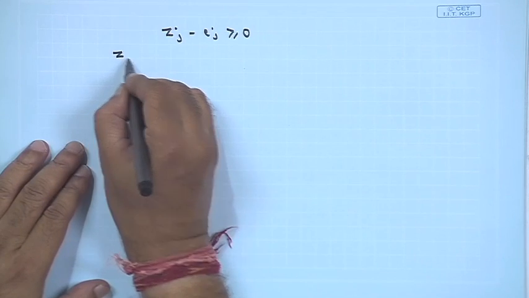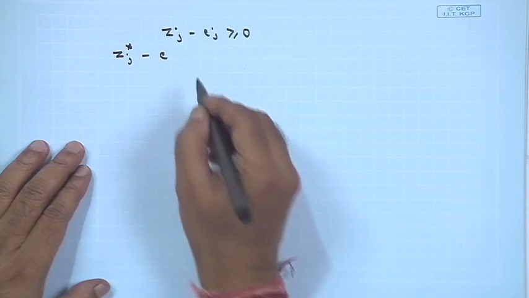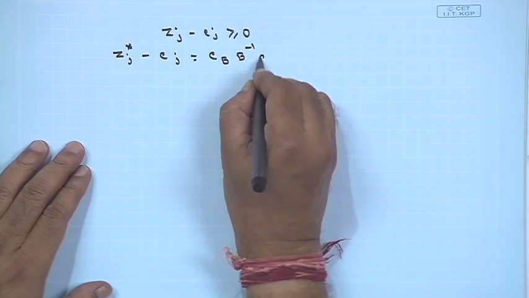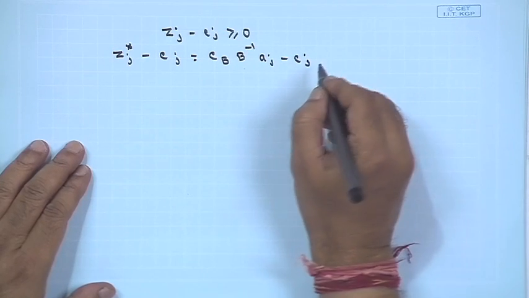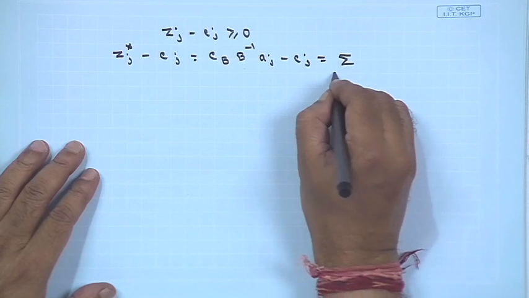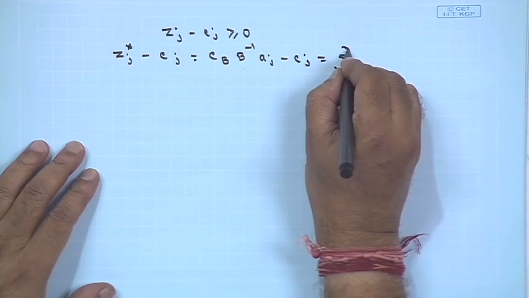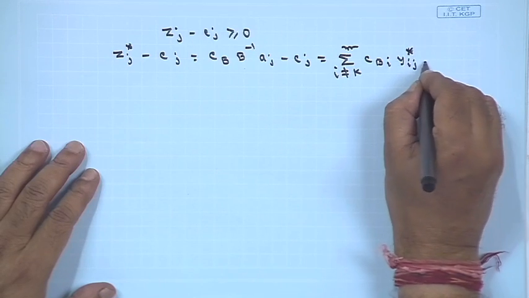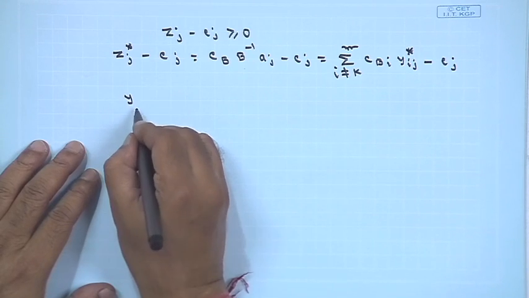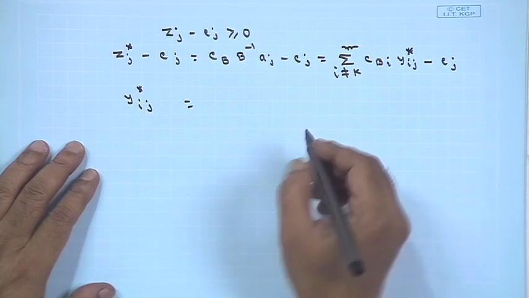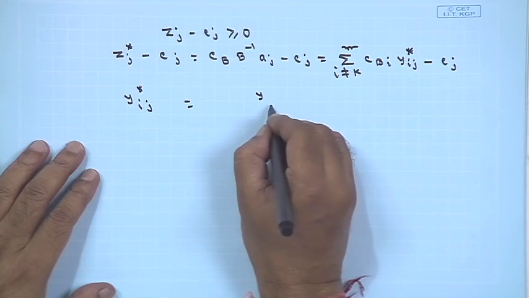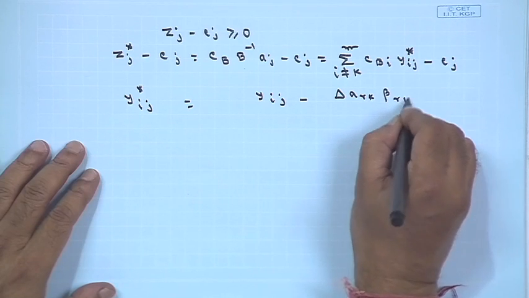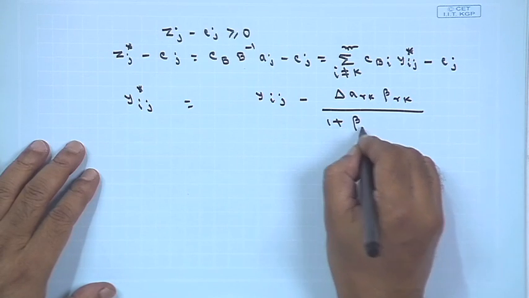Now, for the changes, z j has changed to z j star, so it will equal c b b inverse a j minus c j, and which equals, you may write, summation I not equal to k to m of c b I y I j star, it will change, minus c j, where your y I j star I can write as y I j minus delta a r k into beta r k divided by 1 plus beta k k.